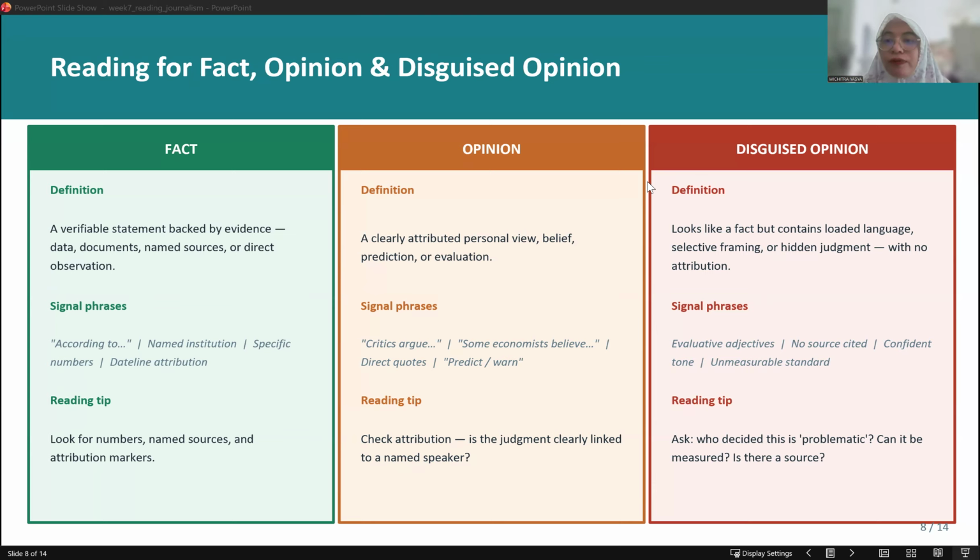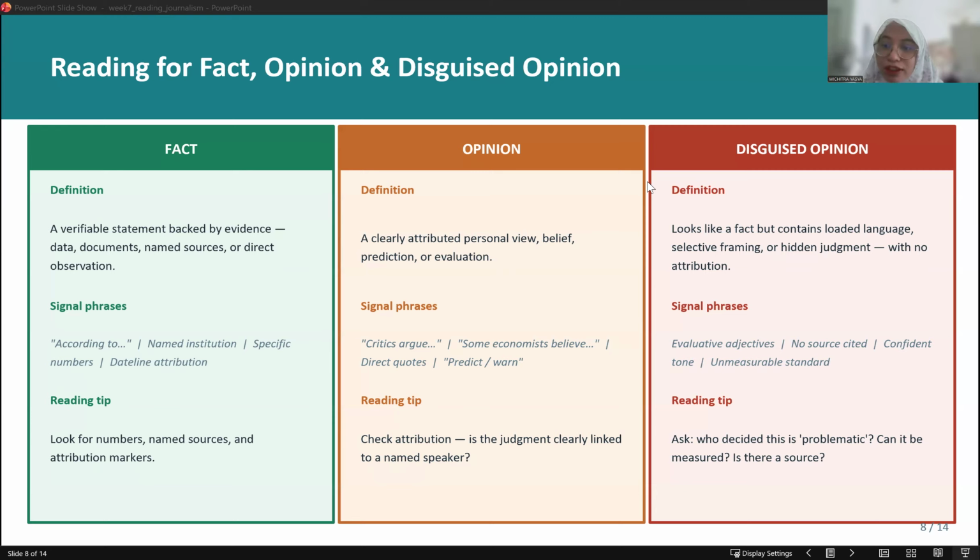So if you find evaluative adjectives, such as maybe this restaurant is the best. So best is an evaluative adjective. But if they say this restaurant is the best in Bekasi, so what claims do they have when saying the restaurant is the best in Bekasi?